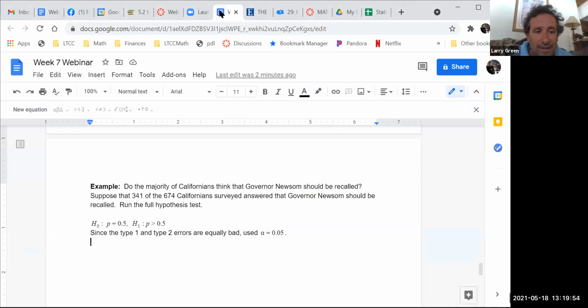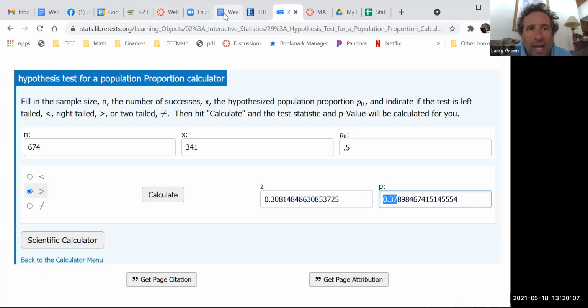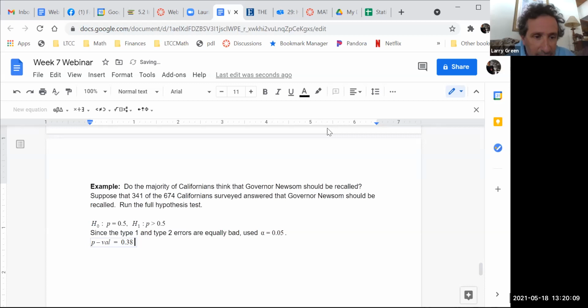So in particular, our p-value equals 0.38. Let me double check. Yep, 0.38. And that is definitely bigger than 0.05.